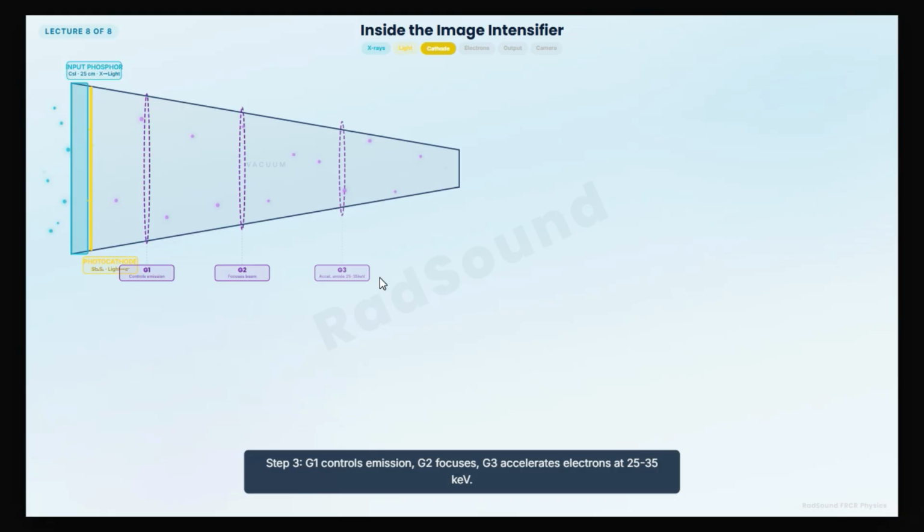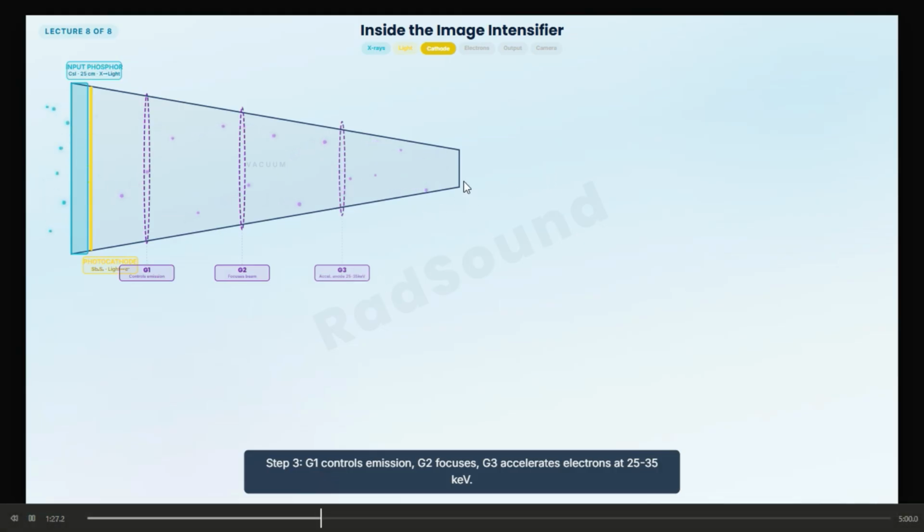G3 is the acceleration electrode, mostly using kVp between 25 and 35, and that kVp is the same as the energy of the accelerating electrons. So they accelerate with a kiloelectronvolt energy of 25 to 35 within the vacuum, and then hit the output phosphor.